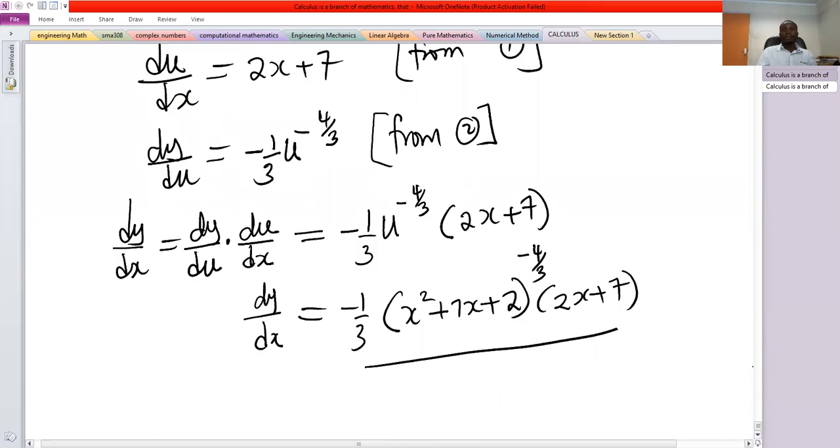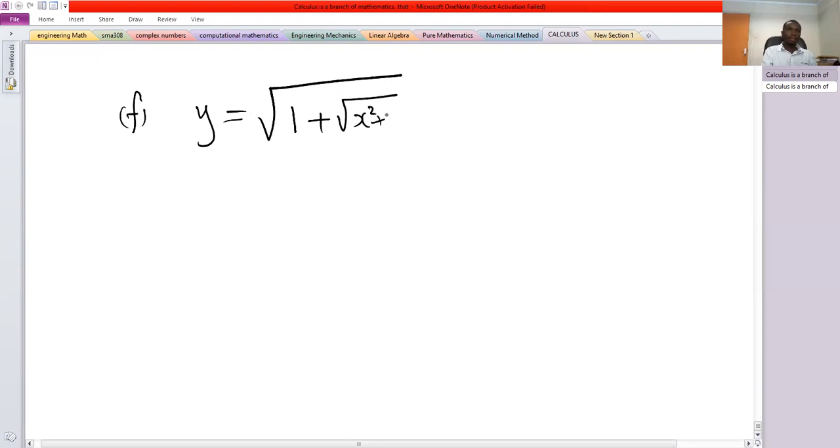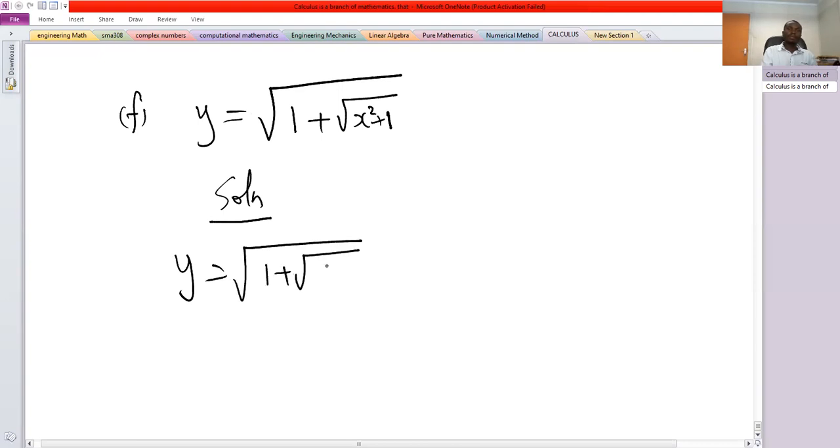Now the last problem is given by y equals the square root of 1 plus square root of x squared plus 1. Now solution, y equals the square root of 1 plus square root of x squared plus 1.